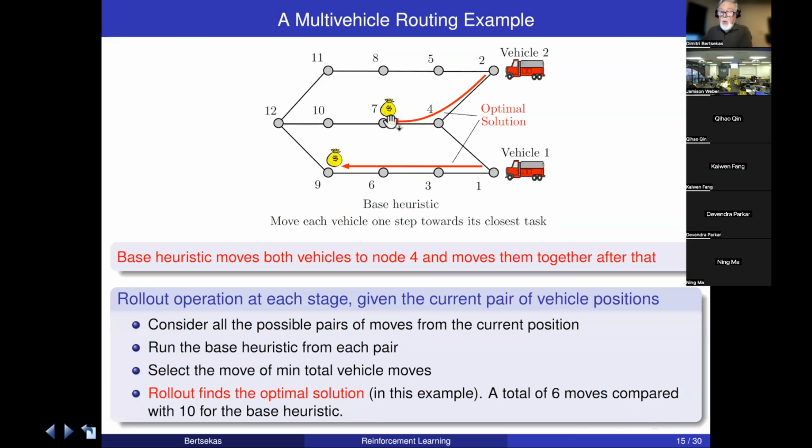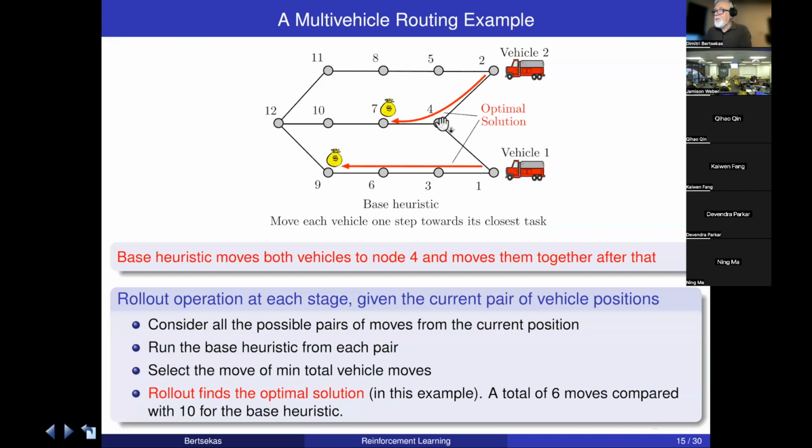So vehicle 1 is going to go here. That's the closest task. And vehicle 2 is also going to go here. That's the closest task. And basically, they're going to replicate the trajectory of the base heuristic, which is a cost of 10, a Q factor that costs you 10, whereas the Q factor corresponding to this pair costs you 6.